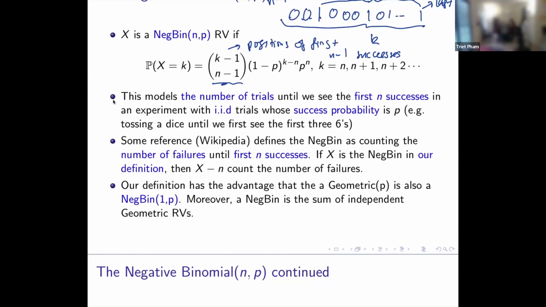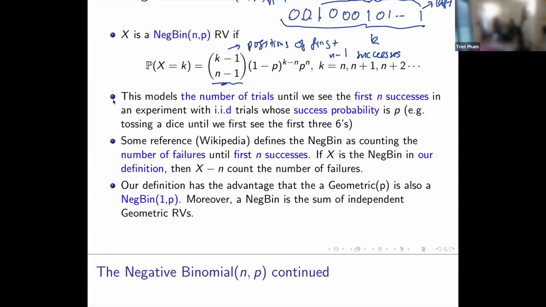So if you look at Wikipedia, or whatever AI you reference these days, say you call on ChatGPT and ask for a mass function of the negative binomial, it may give you something that is not the same as what I give you. And then you might have legitimate reason to say that the guy who teaches probability has no idea what he's talking about.